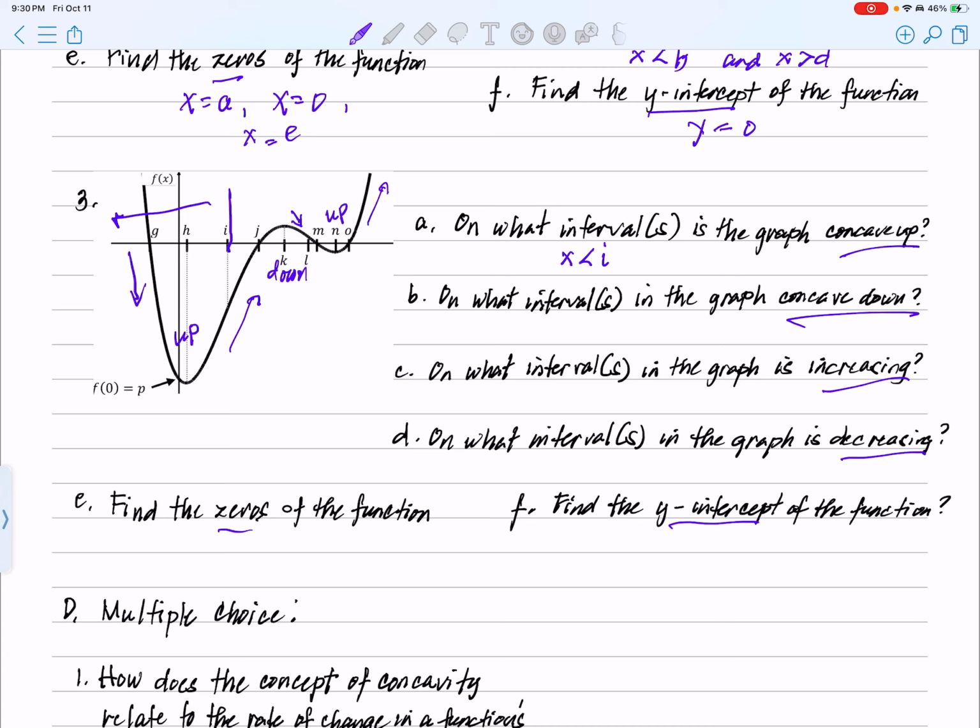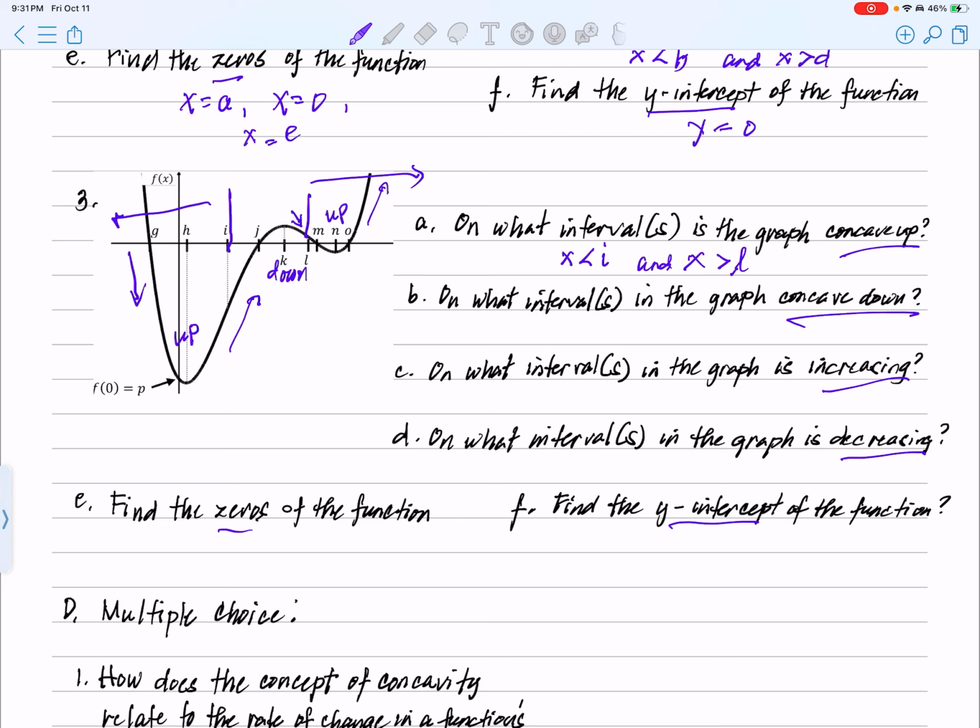On what else? It starts to go up at L, going there. So when x is greater than L. Oh, I will just write that L that way. L.